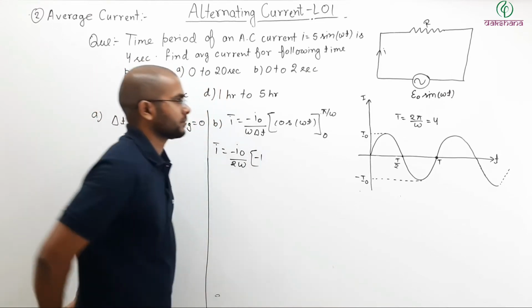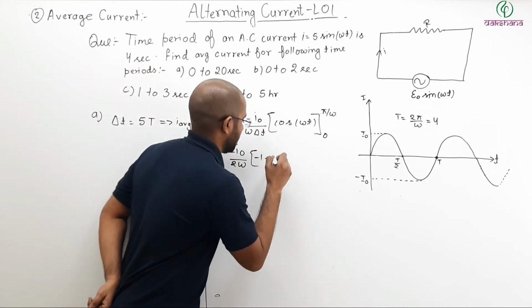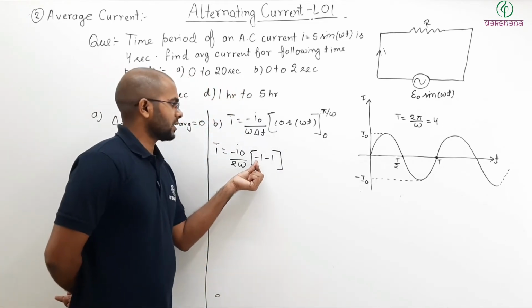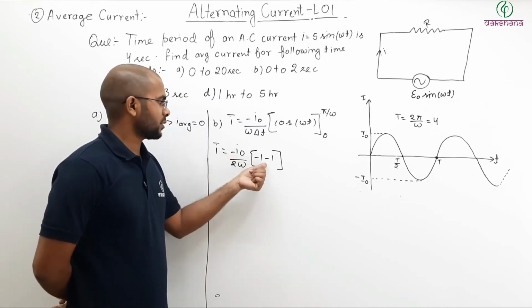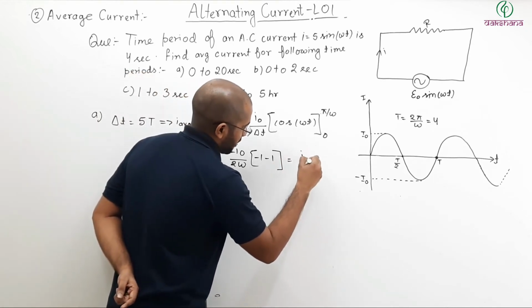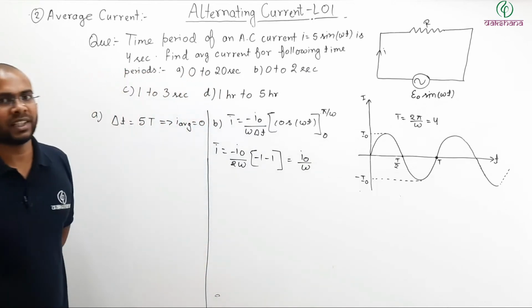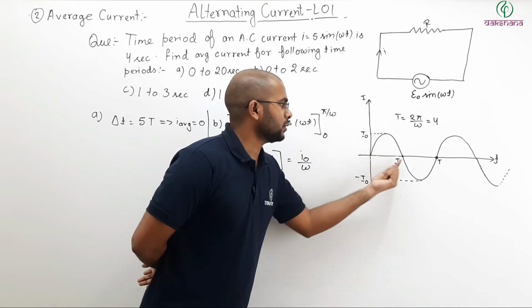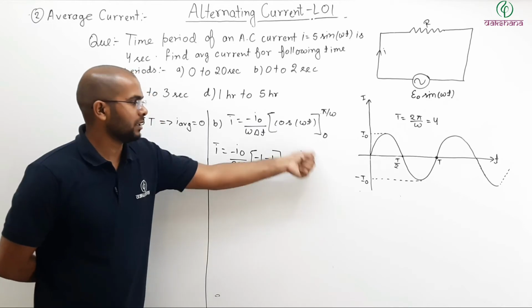So minus 1 minus 1 is minus 2, minus minus cancels, 2 cancels. So I average comes out to be I naught divided by omega for 0 to 2 second.